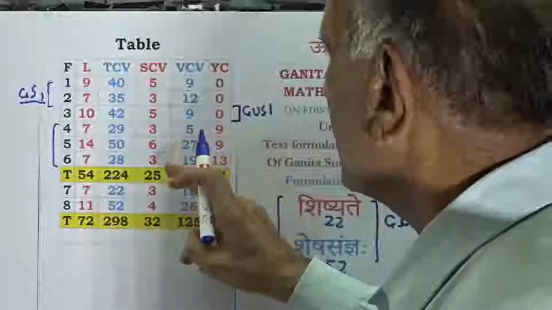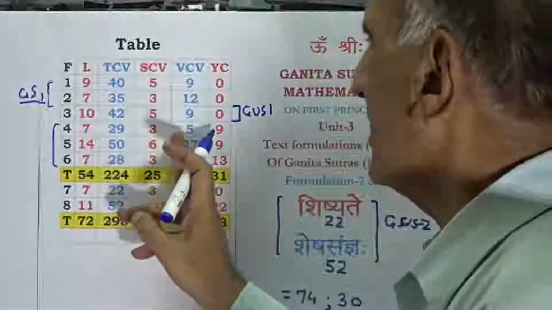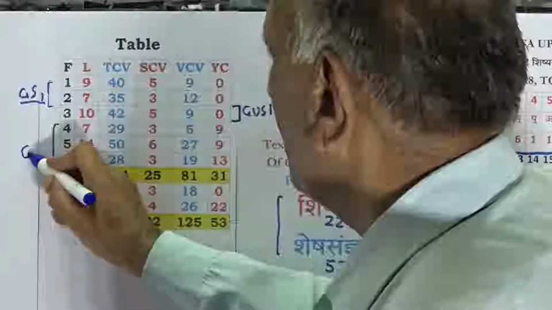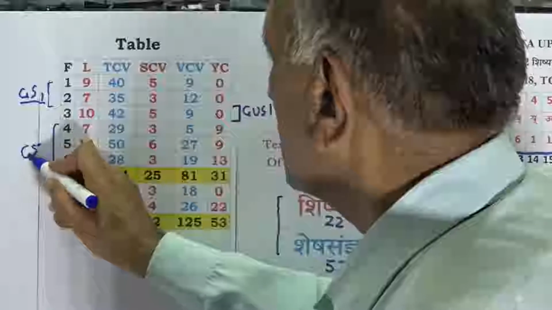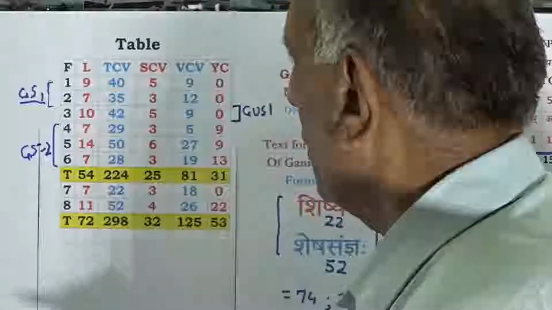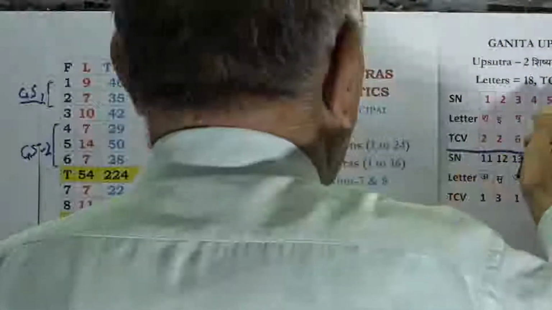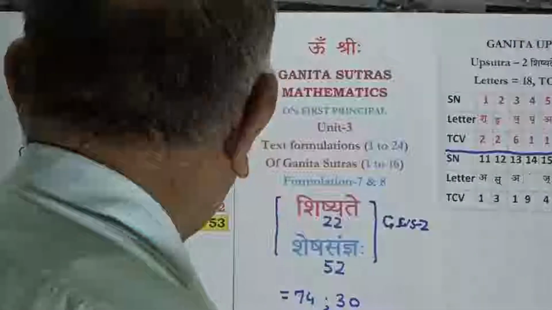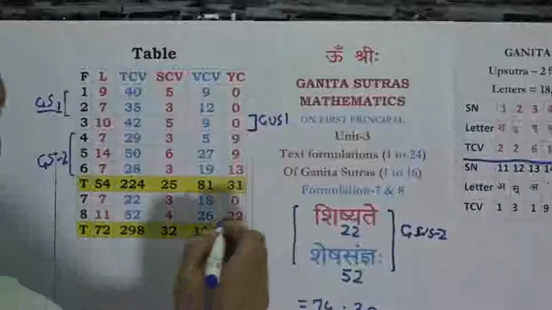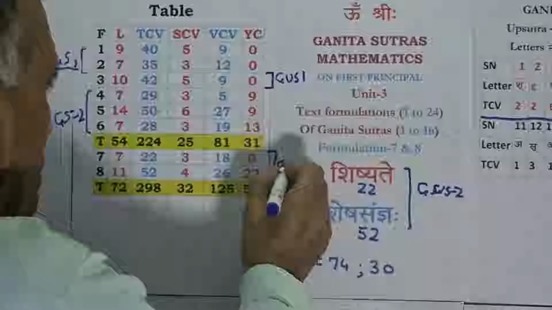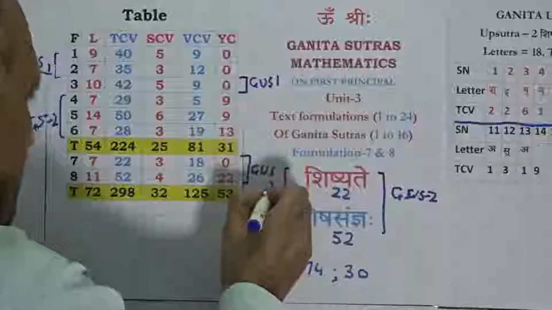Now here the formulations 7 and 8, Shishyate Shesha Sangya, are the pair of formulations which make the text of Ganita Upsutra 2.